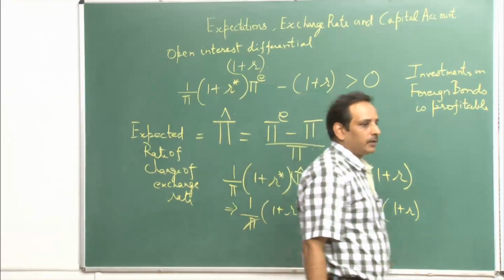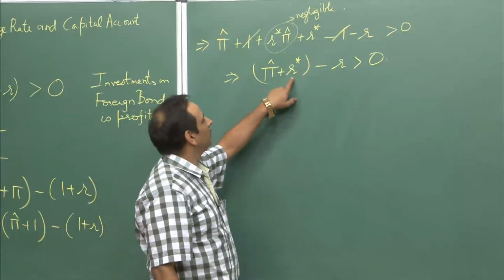The open interest differential works out to be pi hat plus r star minus r.